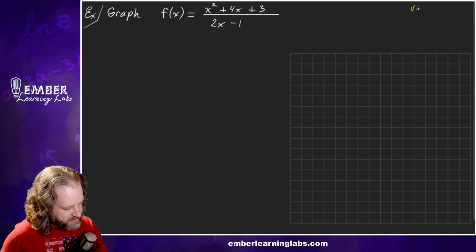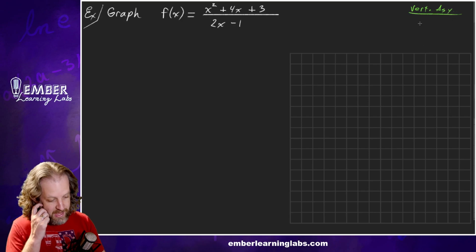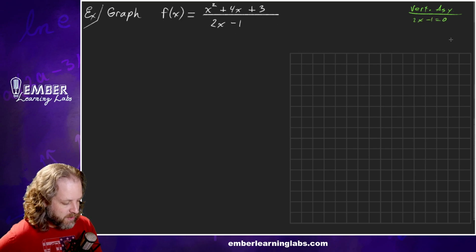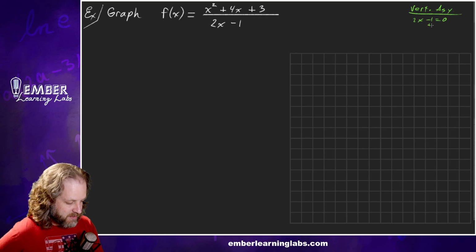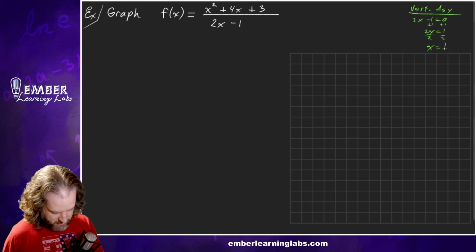So for vertical asymptotes, it does have one wherever this is 0, right? So 2x minus 1 equals 0. Add 1 to both sides, we get 2x equals 1, divide by 2. So it has a vertical asymptote at 1/2.